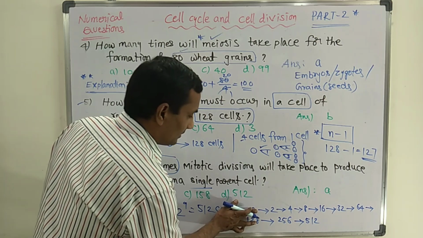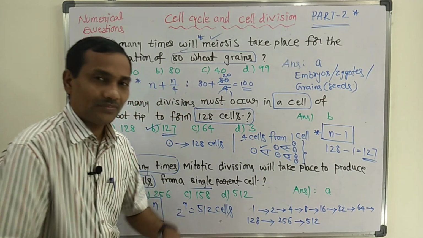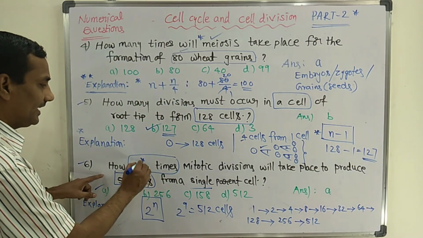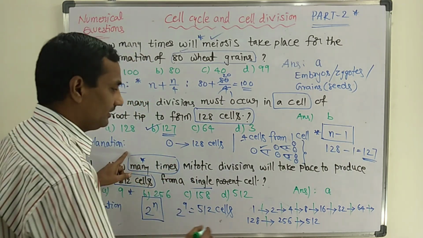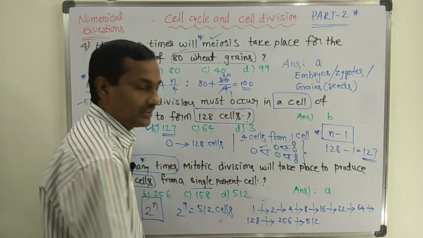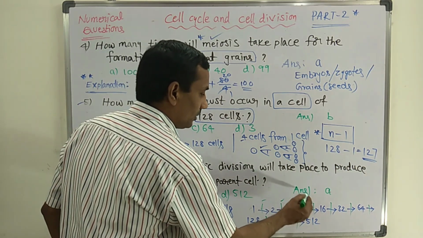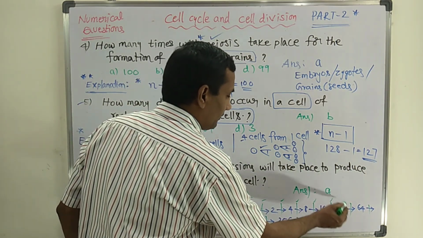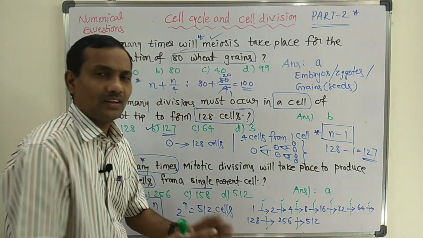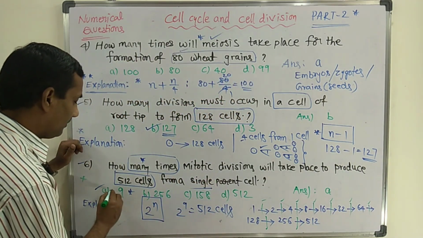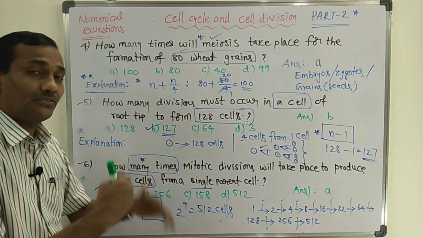Now I will take one single cell. They are asking how many times. Now we will count how many times it will divide. It is 1 time, second, third time, fourth, fifth, sixth, seventh, 8, 9. So compulsory 9 times. It is the number of times.